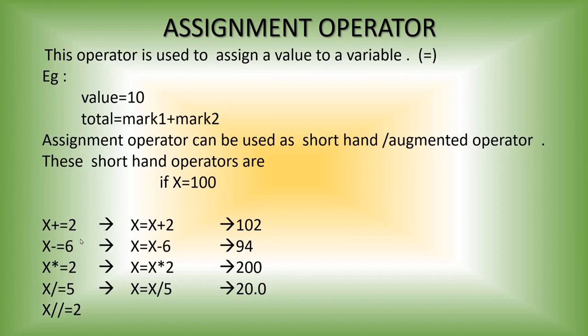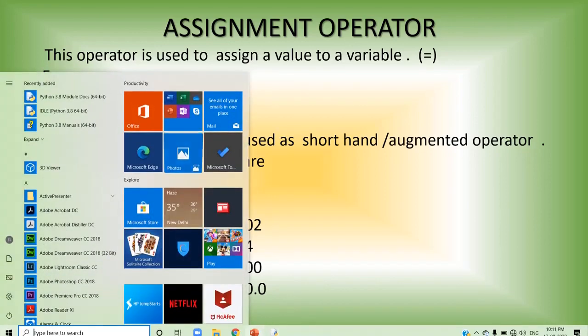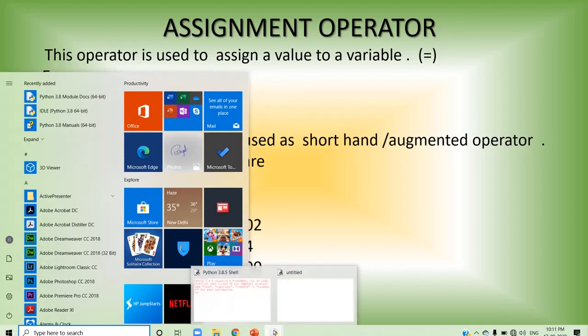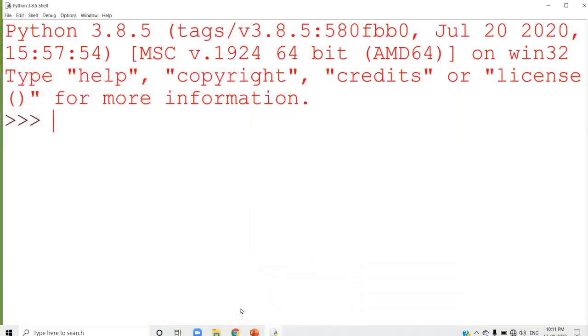Now I will try out one example here in Python. I am going to write x is equal to 100. That means the value of x is 100. Next, I am going to write x minus equal to 5, meaning x is equal to x minus 5.